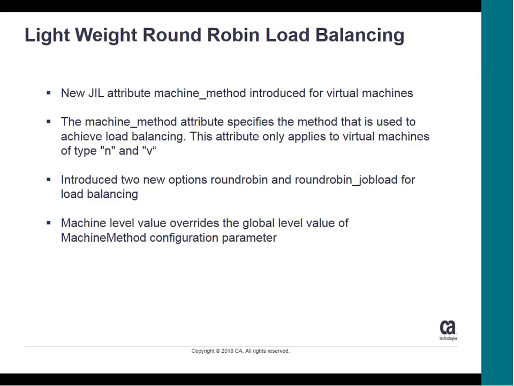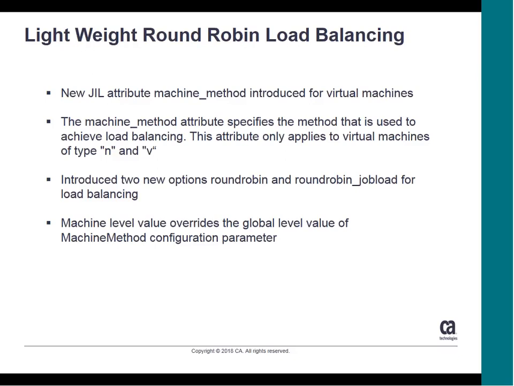So now what we have done is we have moved that configuration closer to the machine definition itself. You can now make it virtual machine specific, and in that case, whatever machine method has been defined will be taken into account when it schedules the jobs to the real machines defined against the virtual machine.